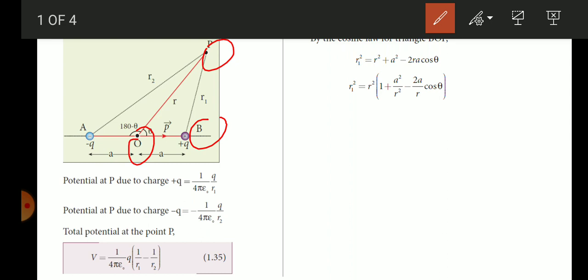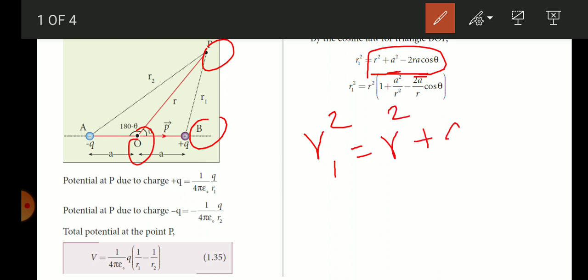In this, let me multiply. If I want to take r square as a common factor from this term, there is no r square in the a square term. Similarly, there is no r square in 2ra cos theta. So what I am going to do is multiply and divide the terms, so that I get r1 square is equal to r square plus a square into r square divided by r square.